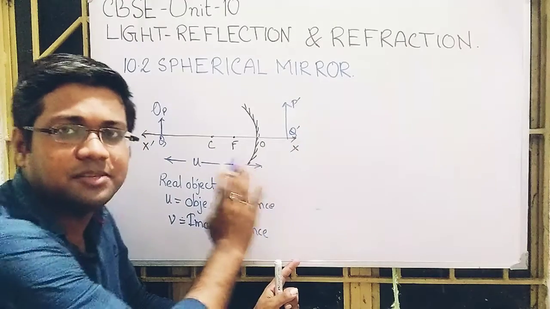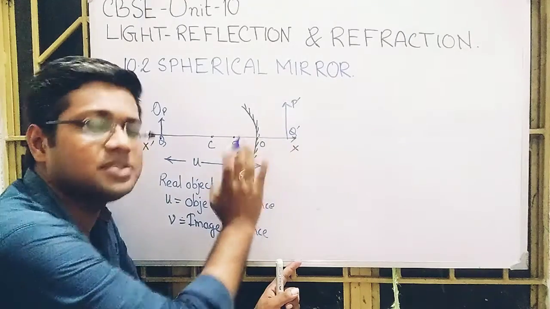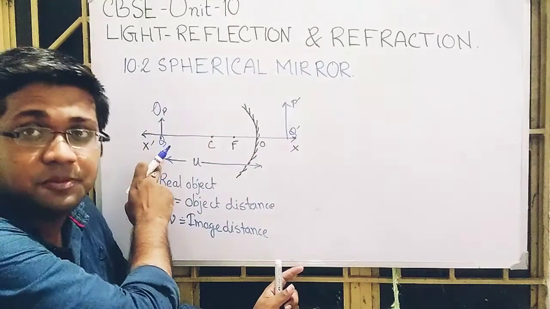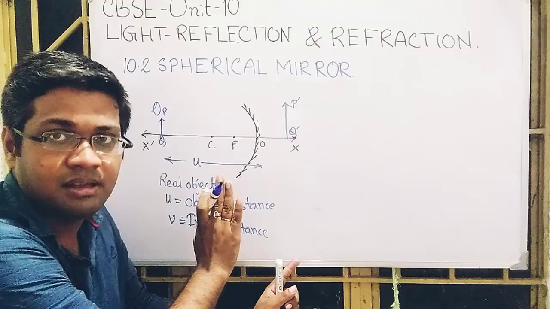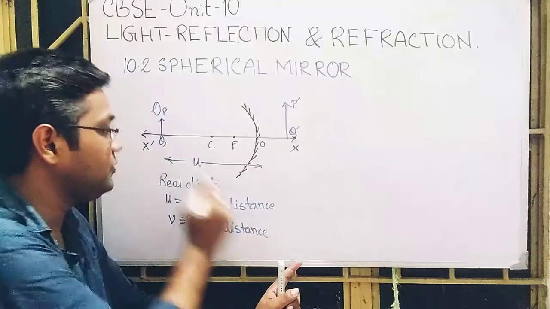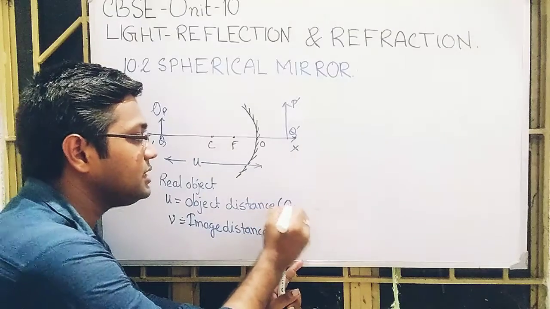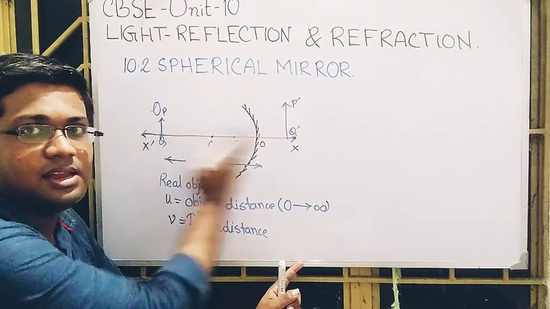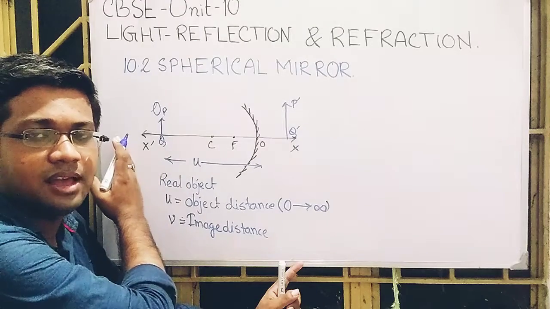I am not saying where the object should be placed; the object can be placed anywhere from O to infinity. The object distance ranges from O to infinity, anywhere on this line.